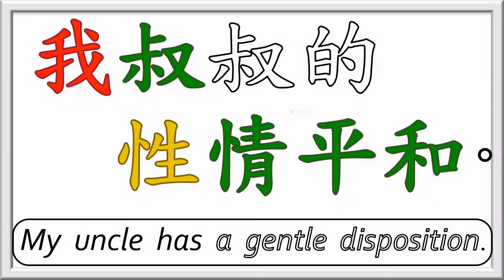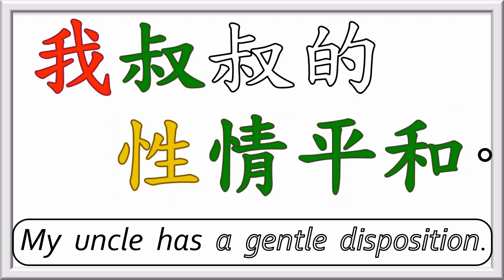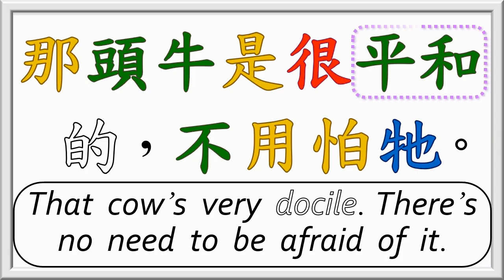Switching 和平 around and saying 平和 means a gentle, mild, or placid temperament. 我叔叔的性情平和。My uncle has a gentle disposition. 那头牛是很平和的，不用怕它。That cow's very docile. There's no need to be afraid of it.